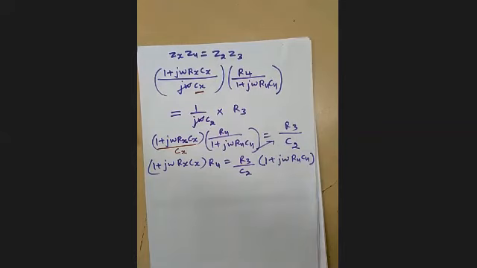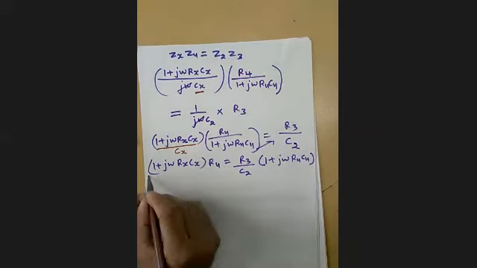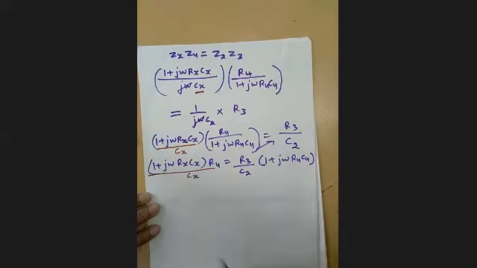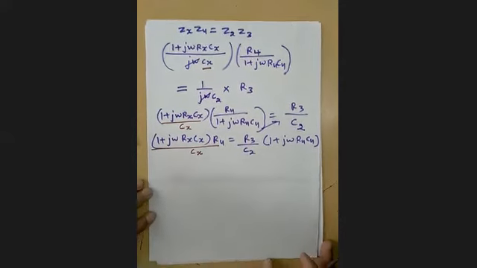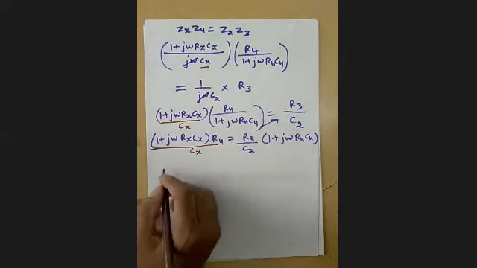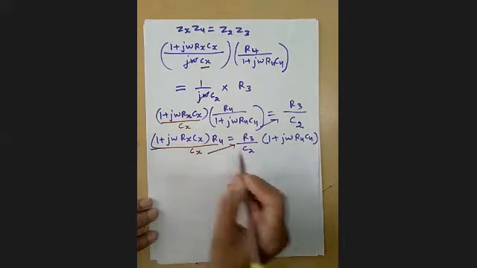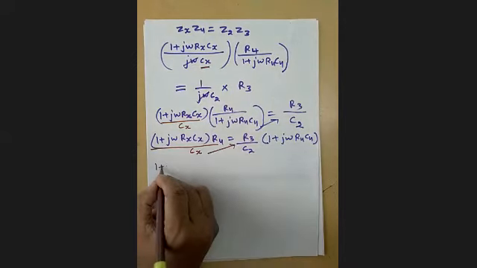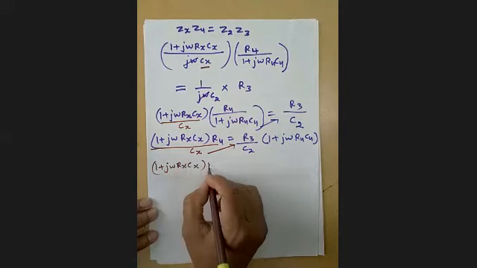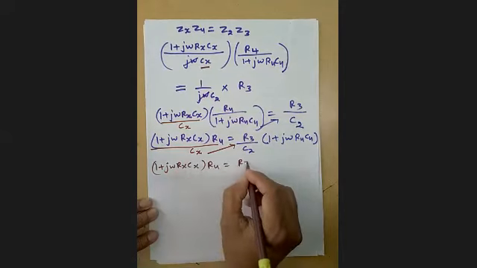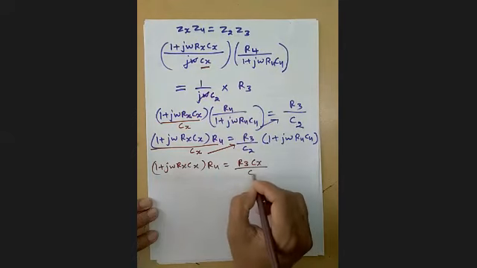Is it okay now? Yes, ma'am. Okay, now solve this divided by CX. So I'm solving this one. I'm taking CX also here, okay? So this is 1 plus j omega Rx Cx into R4 equal to R3 Cx upon C2.